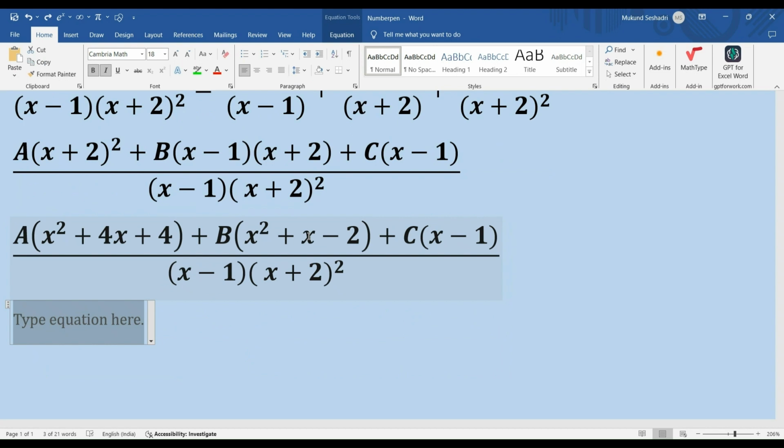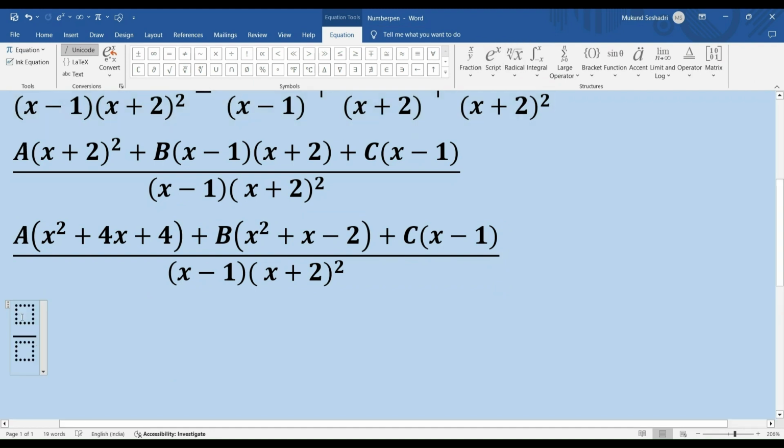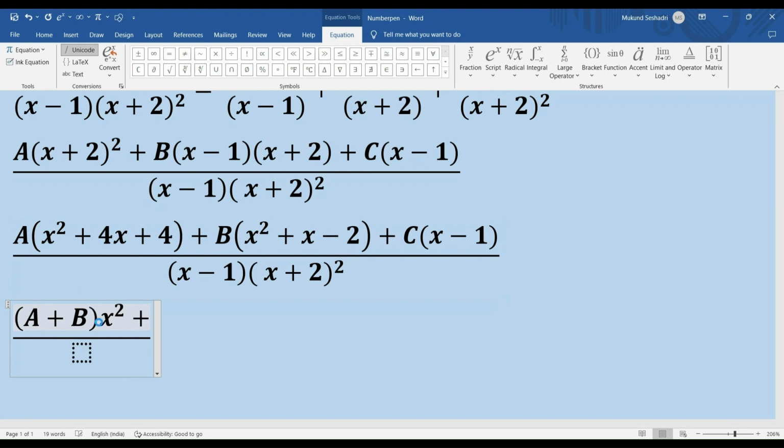So let's combine the x squared terms to start with. I see that I have a plus b, which is my coefficient of x squared. So let's write that down. So I have (a plus b) times x squared. And then for my x, I have 4a plus b plus c, right?